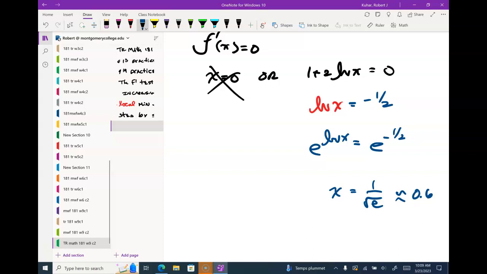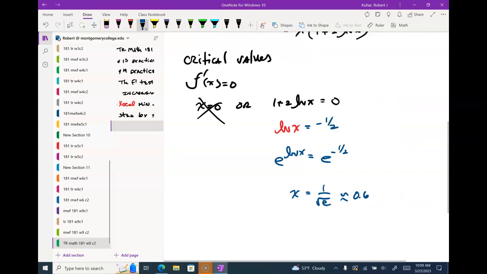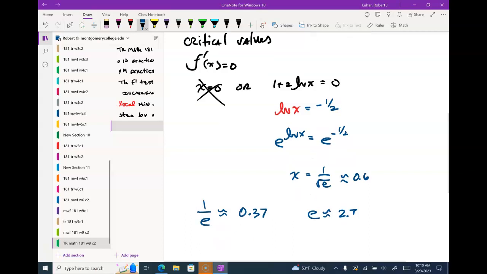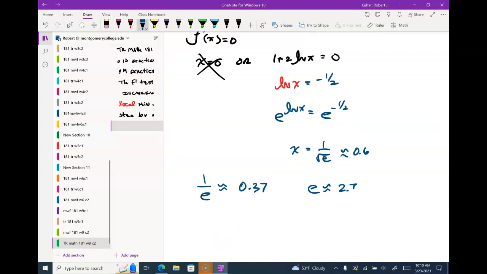I only have one critical, so I'm going to have to get a number less than that and a number right of that for my test values. Just so you notice that e is 2.7 something, and 1 over e is 0.37. So those are good test values for me. Do you see that?